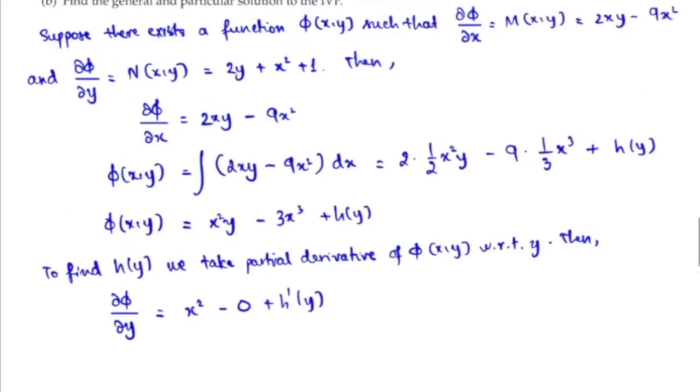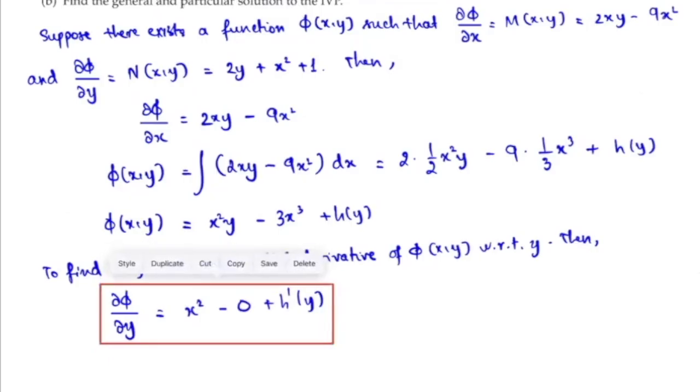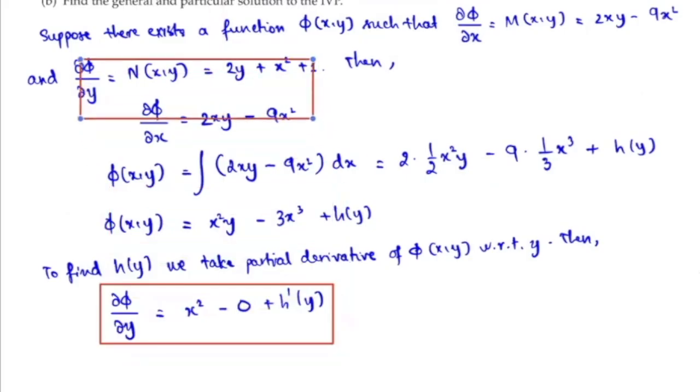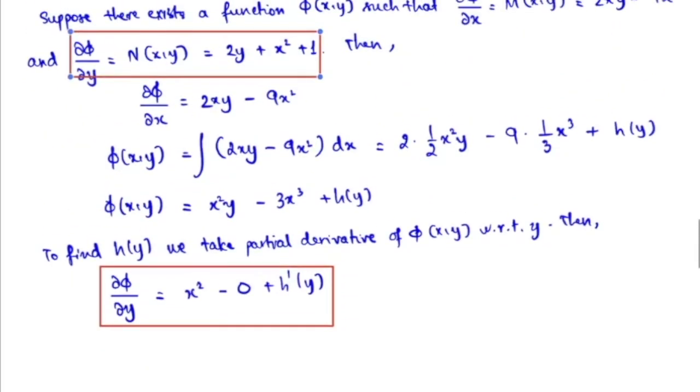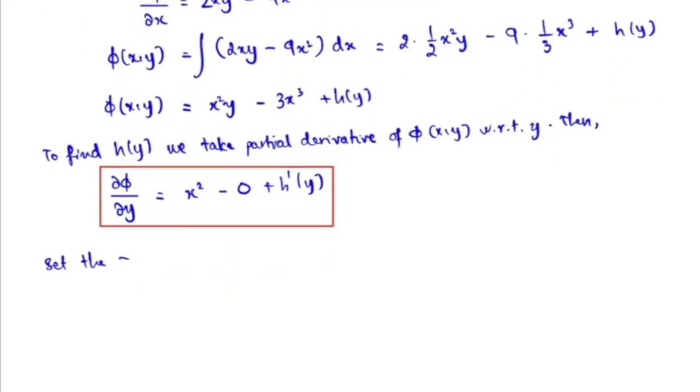So let's take a look at these two equations. They are both partial phi partial y. Right? So the left-hand sides of the two equations are partial phi partial y, so you can set the two equations in the box equal to one another.